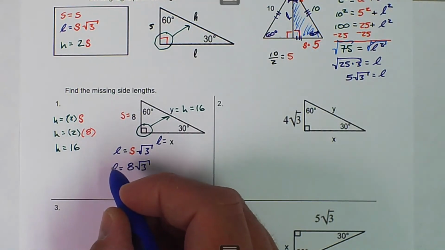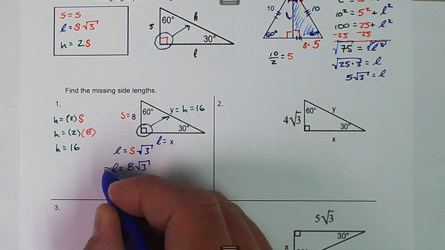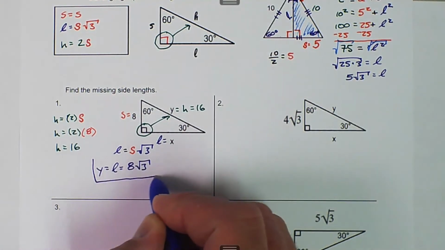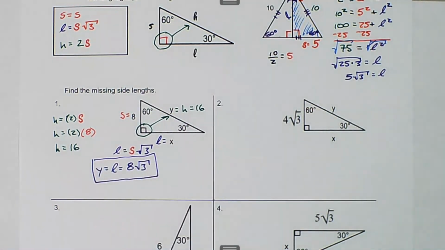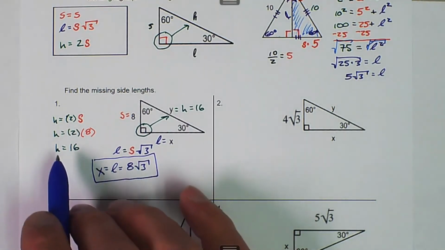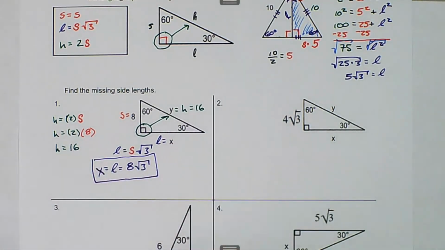So that is also says that our y value is that, and our x value, oh, that is our x value. Our x value is equal to the long leg, and our hypotenuse is equal to the y value.